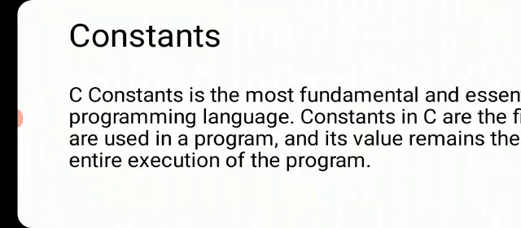The value will not change during the execution of the whole program. We can also define constants like an integer constant, a real constant, a single character constant, a string constant, and backslash character constants. We can use these while developing programs.